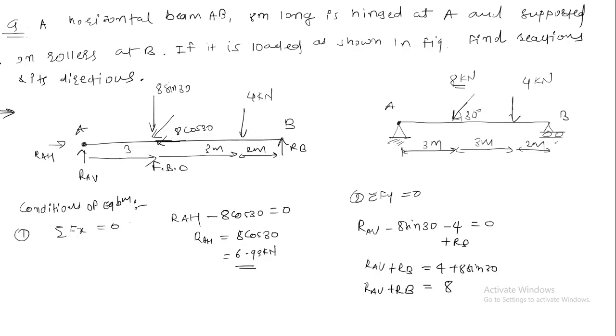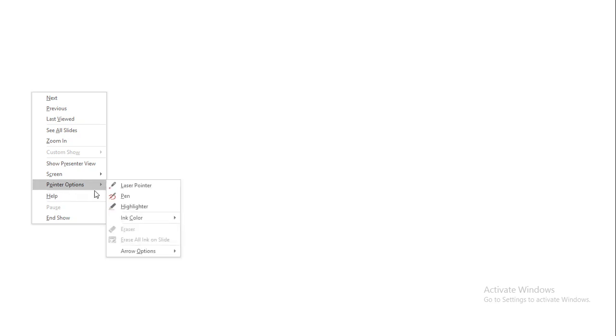Now the third is sum of moments equal to 0. Sum of moments about point A is equal to 0. So let us write down all the forces in our system.